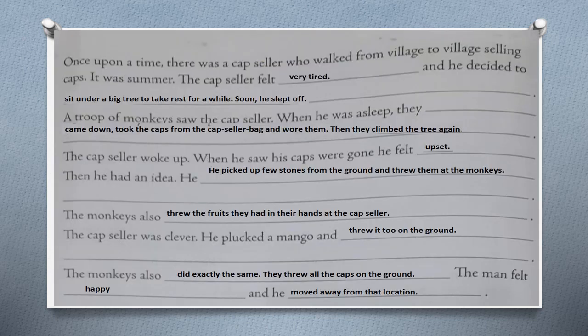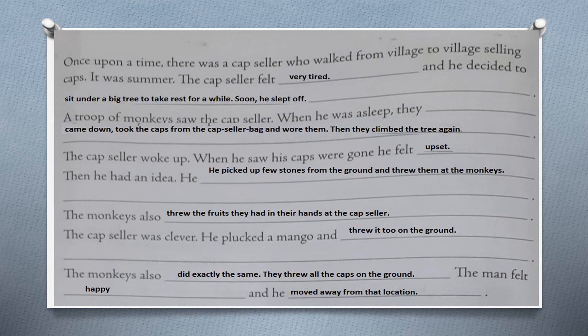Once upon a time, there was a cap seller who walked from village to village selling caps. It was summer. The cap seller felt very tired and he decided to sit under a big tree to take rest for a while.